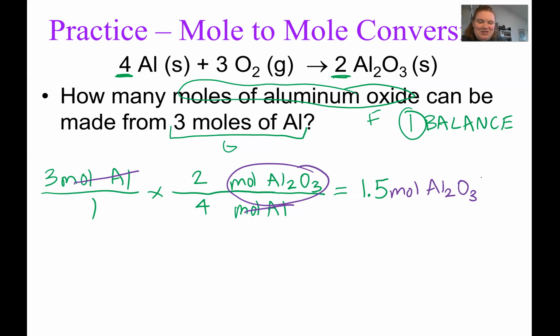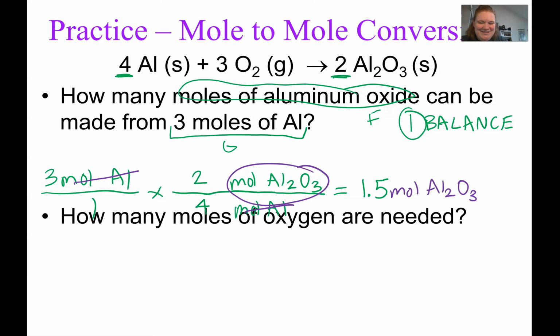I do have one more question on here, but I think my writing's going to cover it up a little. Oh, not too bad. How many moles of oxygen will be needed? So we know if we're going to start with 3 moles of aluminum, we can make 1.5 moles of aluminum oxide. But we have one more ingredient, one more reactant up there. We have the oxygen.